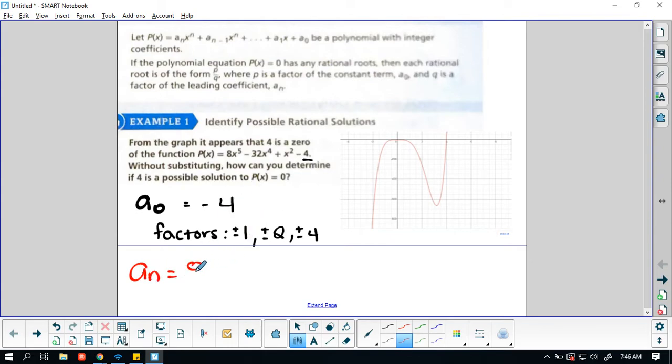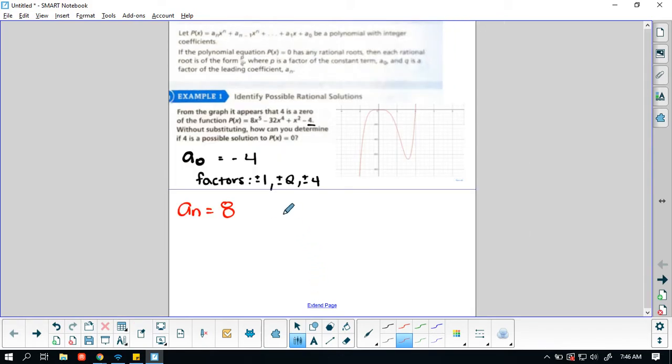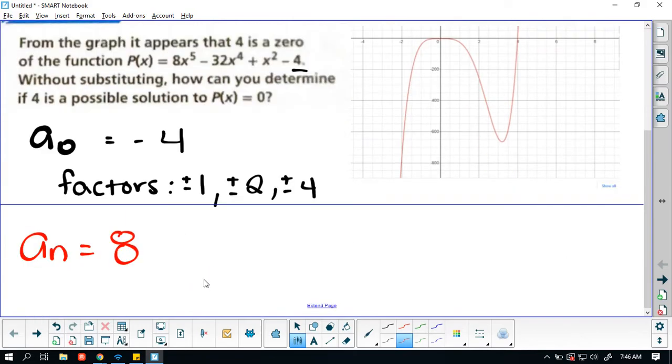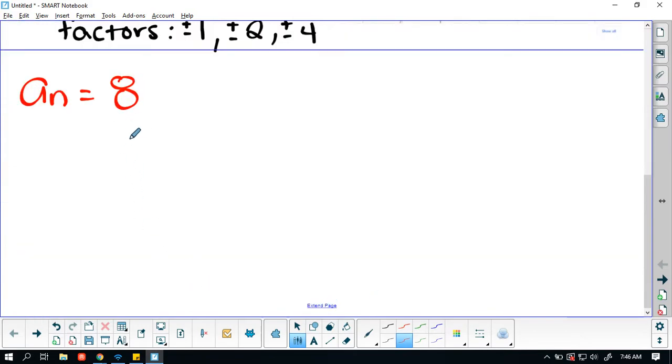Okay, so the second part is my a n, or my leading coefficient. My leading coefficient in this case is 8. Let me change this so we can keep it kind of zoomed in. All right, so our factors for 8, again, we would have the positive and negative, because a negative times a negative will give us that positive 8. So let me think.